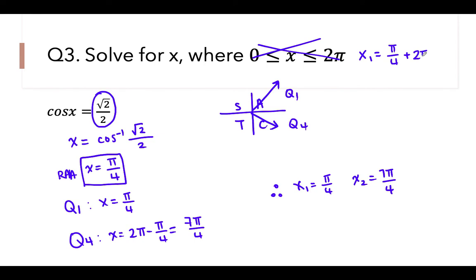K can be any integer. And the same thing for 7 pi over 4 plus 2 pi k. It will happen again every 2 pi, and k can be any integer if I did not give you a domain.